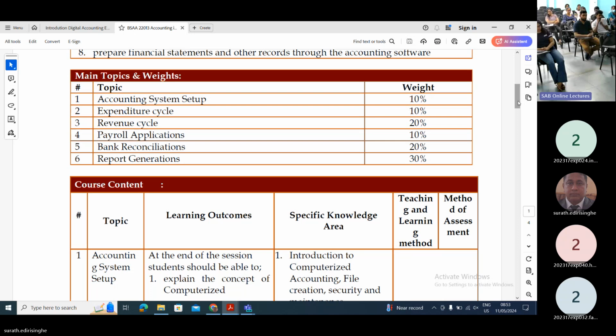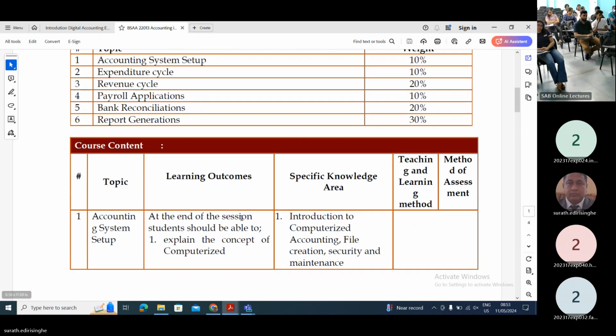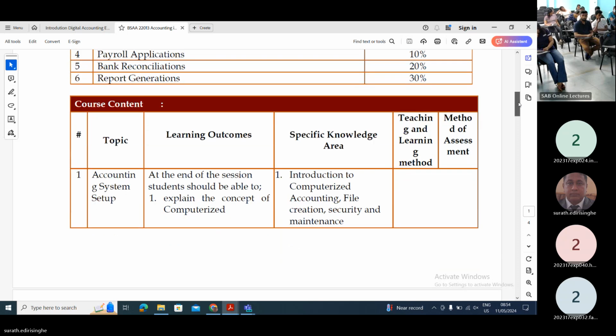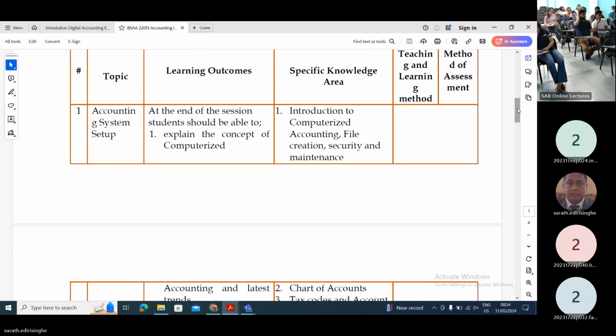Right, now look at the third table. Topic, learning outcome, learning area and assessment method.